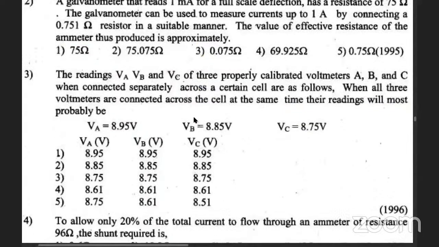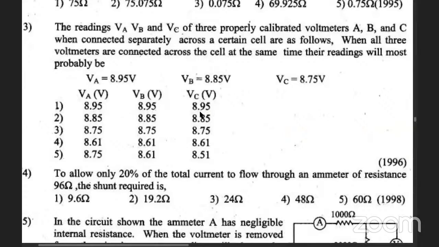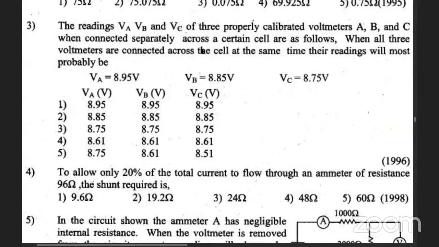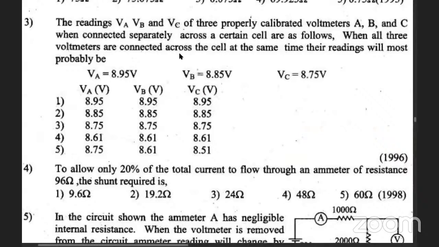The readings VA, VB, VC of three properly calibrated voltmeters A, B, C when connected separately across a certain cell are as follows. When all 3 voltmeters are connected across the cell at the same time, their readings will most probably be... Okay, interesting question.